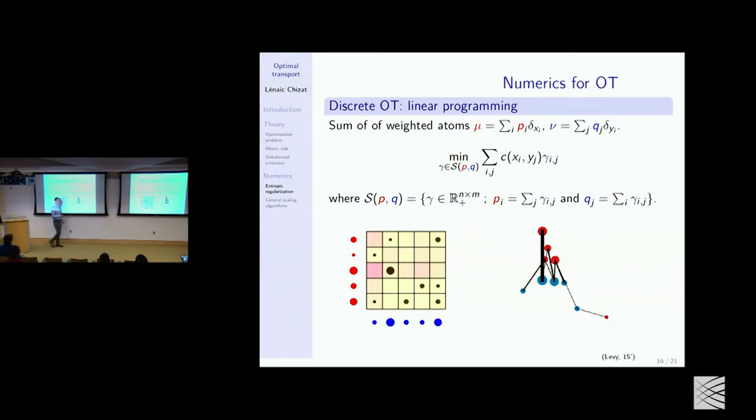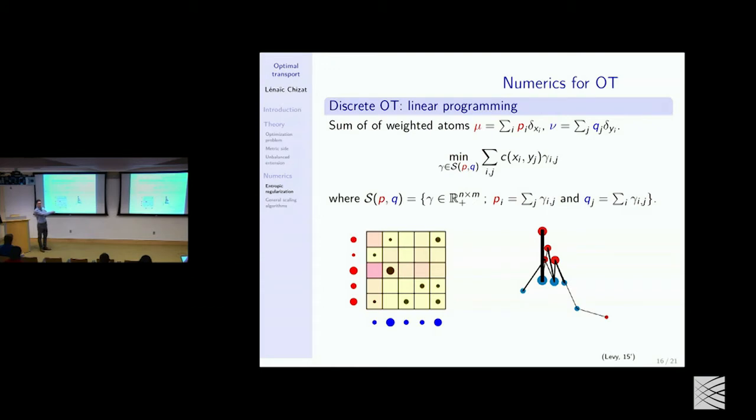This will be my coupling gamma, such that when I sum over the columns, I get the blue weights. When I sum over the rows, I get the red weights. And I want to favor yellow entries because these are the ones with the lower costs. So here is the solution that you'll get by solving this problem. And of course, it corresponds to an actual transport plan.